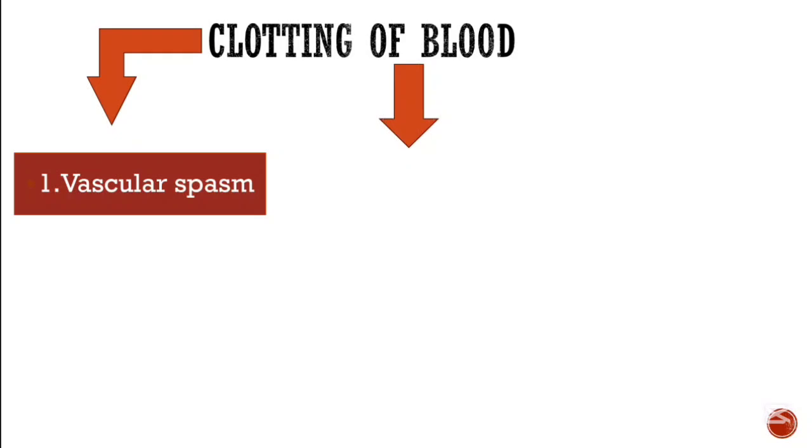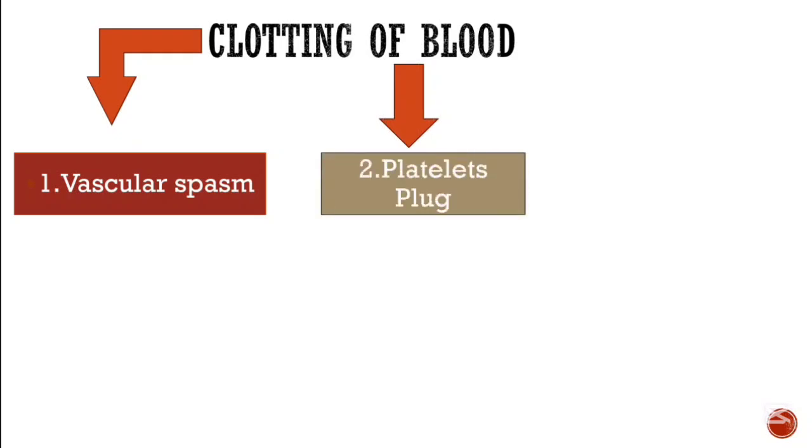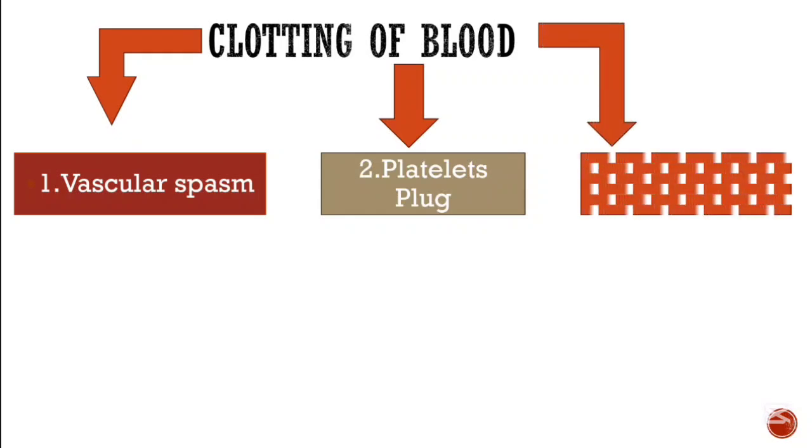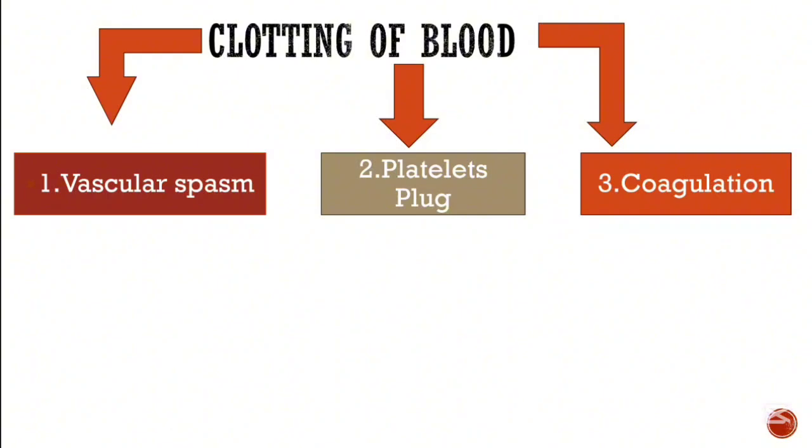In the second stage we have the platelet plug. After the vascular spasm, the platelet plug forms. The last stage we have is coagulation. After the coagulation, the bleeding stops.